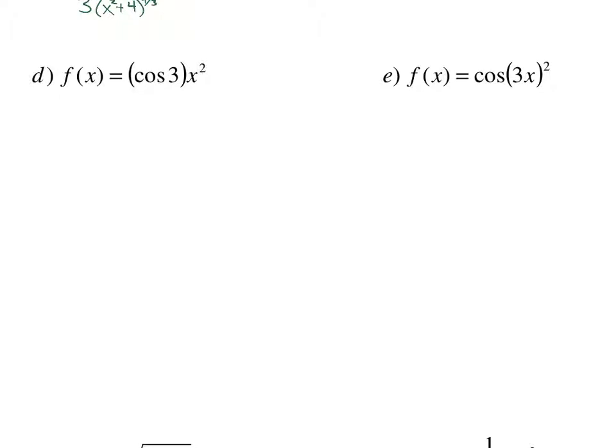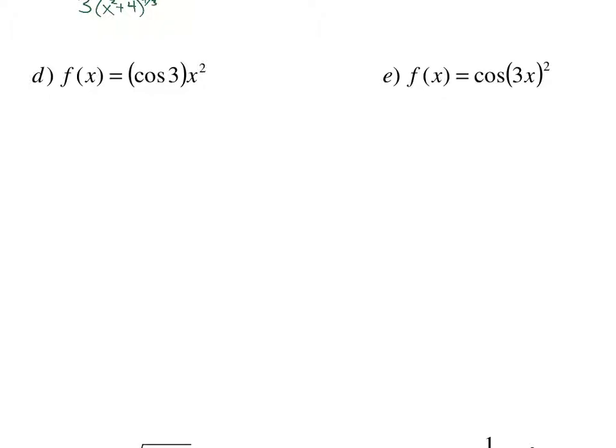Okay, so in D we have two factors. We have cosine of 3 times x squared. How would we take the derivative of that? Just 2 cosine 3x. Nice, Angel. Good job. Cosine of 3 is a constant, right?